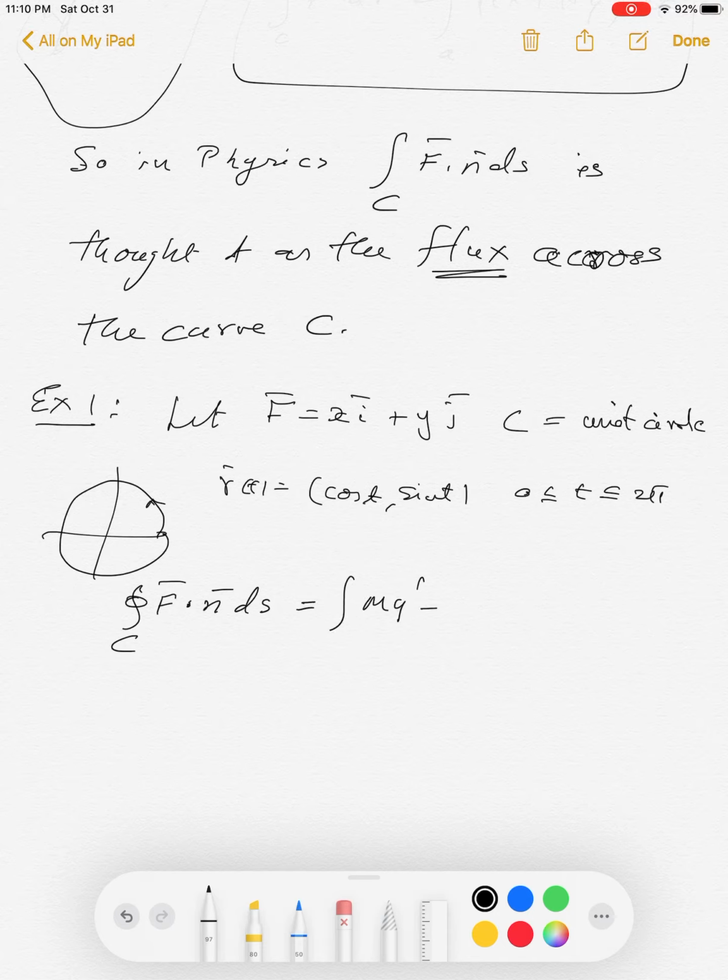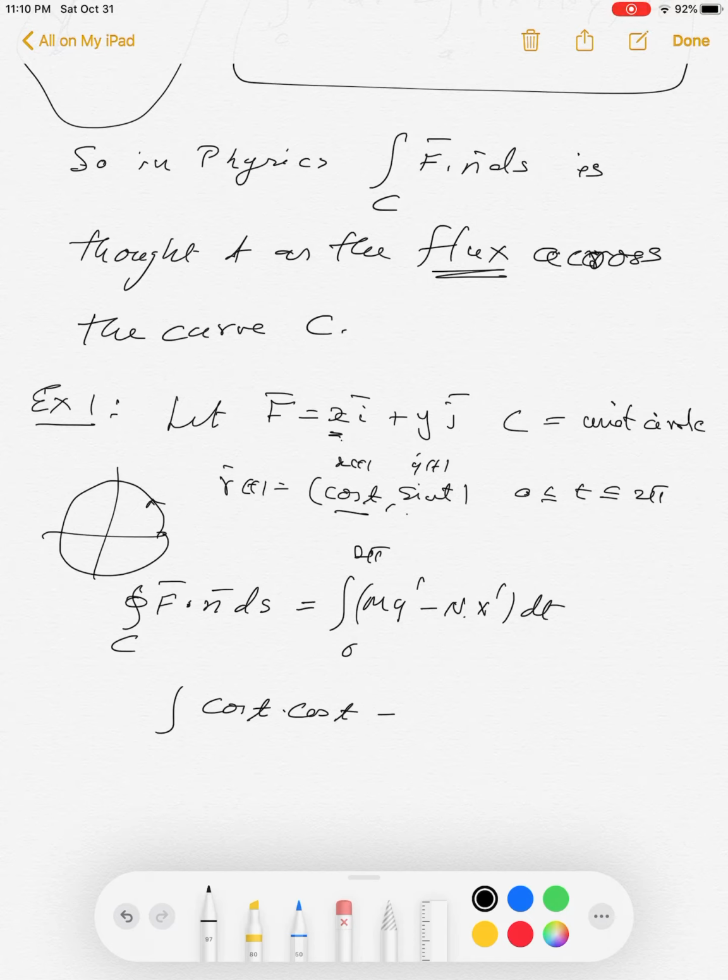So the integral of F bar dot n bar ds is going to be the integral, remember, of m y prime minus n x prime dt between 0 to 2 pi, and my m is x, and x is cos t, so this is going to be cos t times y prime.